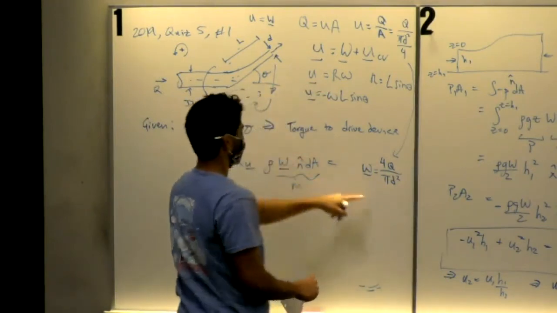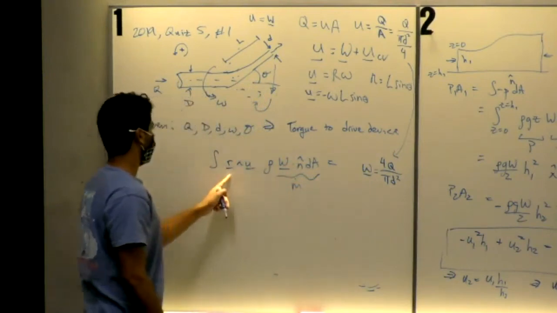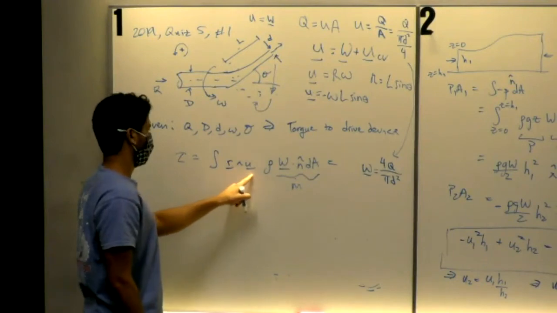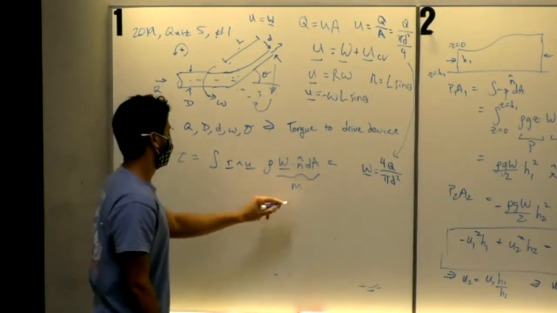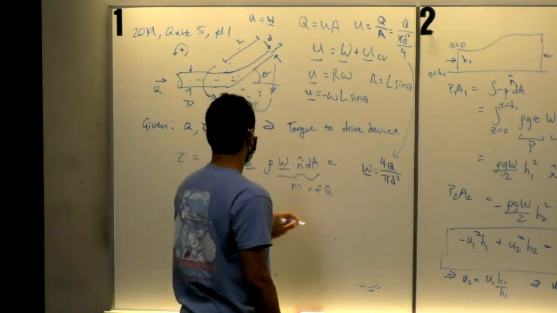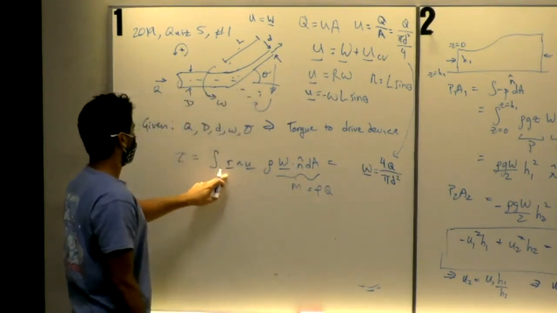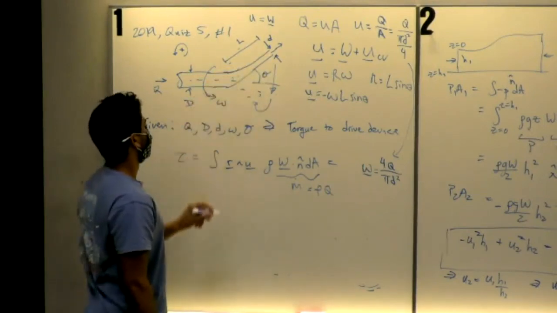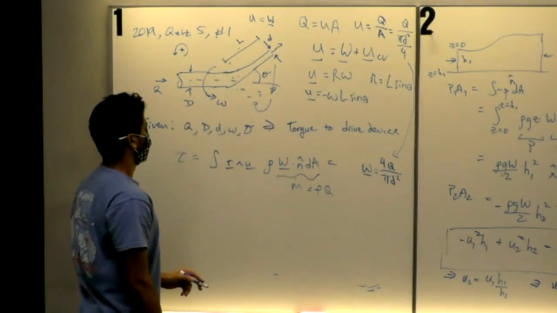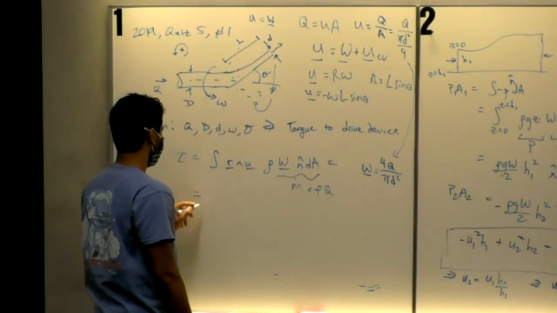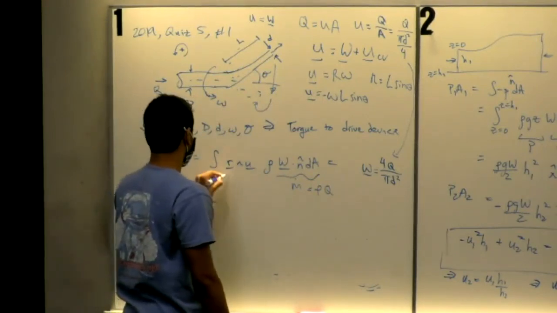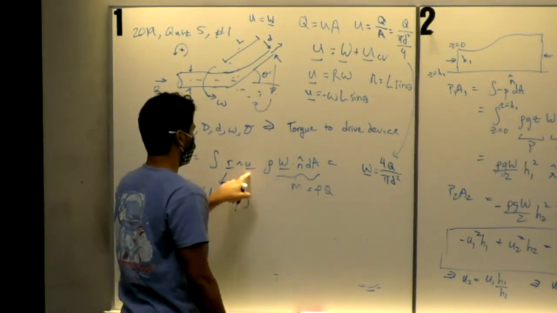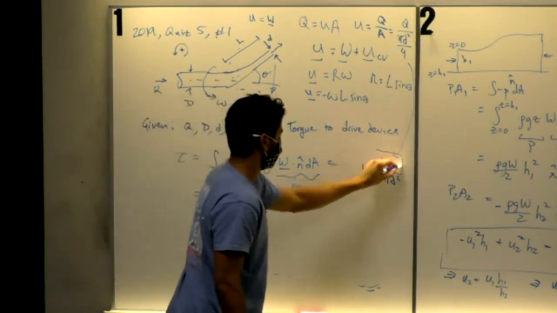Now you have R, and this is M dot, so you can just write it as rho Q. The radius would also be L sine of theta, because you're only looking at this region to see the torque that would be moving.